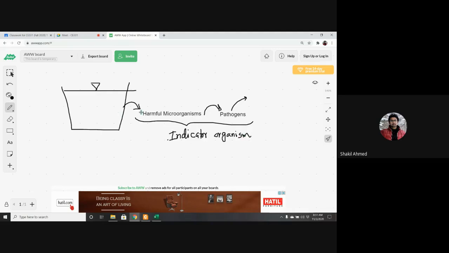So when you want to know the microbial quality of water, that means you want to know whether these pathogens are present in water or not. And how do we check it?